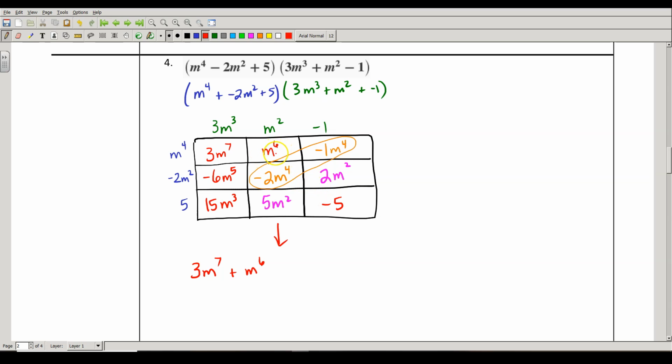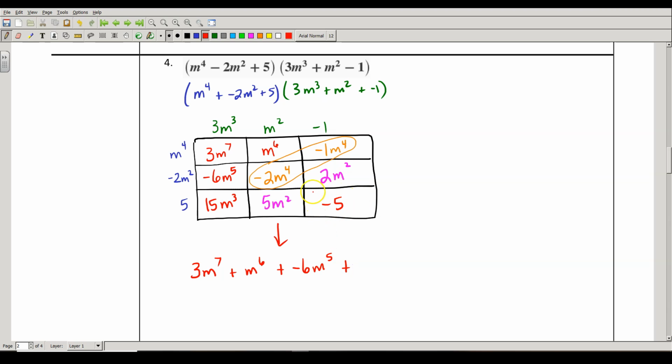And then I like to look at the exponent and go to the next lowest. So we can look at m to the 5th if there's any term there. And we see that there's a negative 6m to the 5th, but there's nothing that I can combine that with. So I'm just going to write down what I have there, which is negative 6m to the 5th.